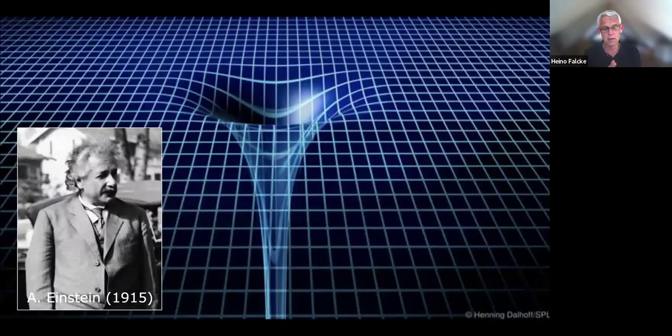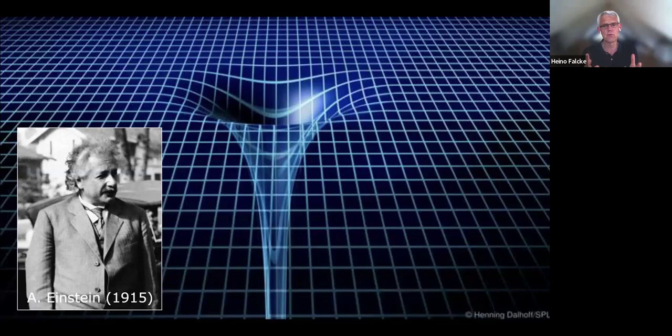Now let's start from the beginning when we talk about black holes. That was a major shift in our understanding of how space and time and gravity actually interact and how they belong together. Albert Einstein published his general theory of relativity, which changed our perspective of gravity.